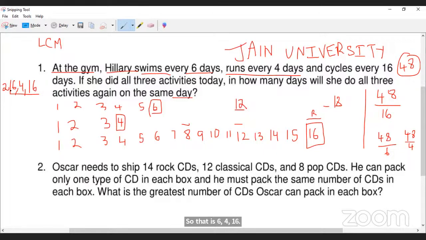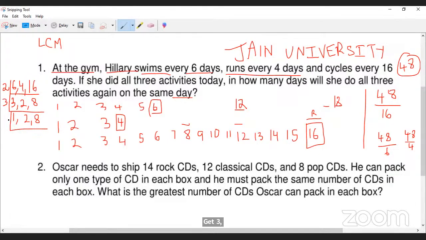So divided by 2, all common 2, 3 together. So I get 3, I get 2, I get 8. I get 3, 1, 2 remains the same, 8 remains the same.